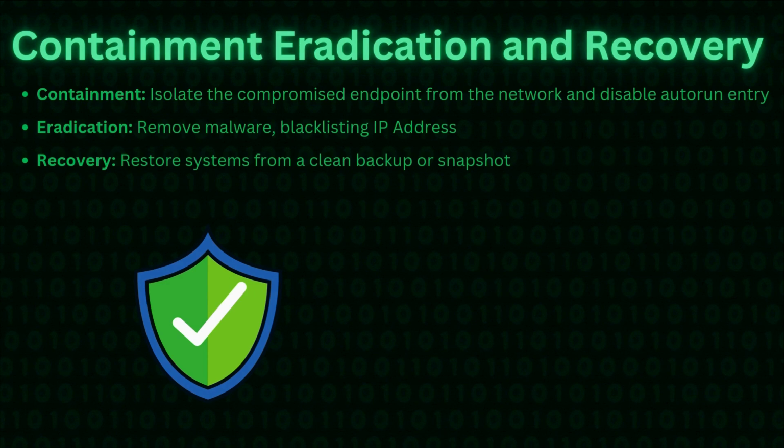In the eradication phase, I will use the EDR tool to remove the malware and blacklist the attacker's IP address by blocking it via Windows Firewall. Lastly, in the recovery phase, I will restore the compromised Windows virtual machine from the most recent snapshot to ensure it's clean and fully operational.